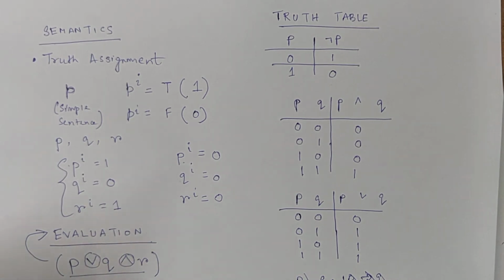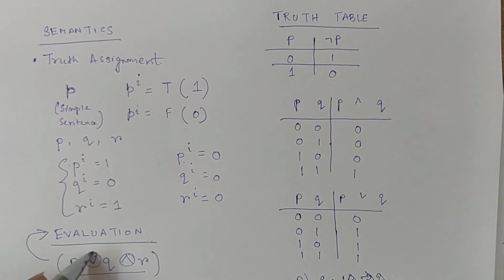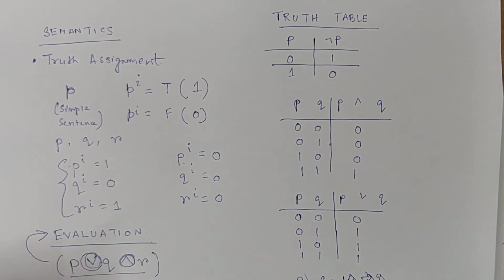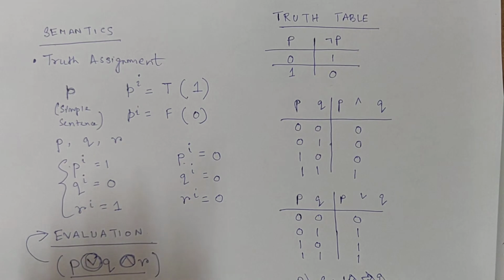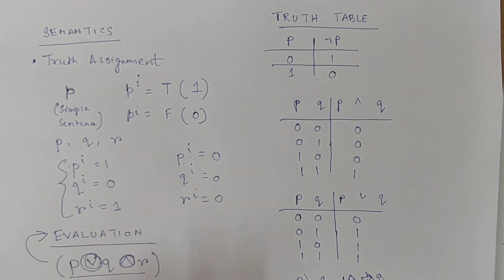But we cannot do evaluation until and unless we know the meaning of those symbols. And assigning a meaning to those symbols is the semantics. Semantics means meaning. So how do we assign meaning to the symbols? We have already seen during our BTech classes, this is actually a two-valued logic, that is Boolean logic, true and false.